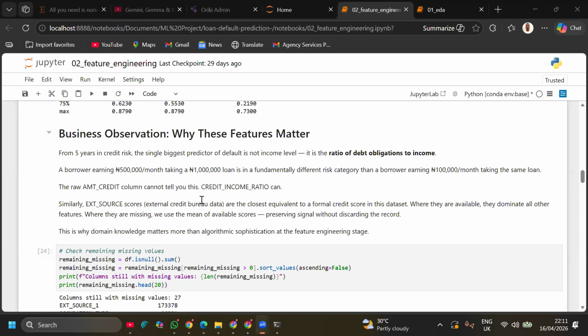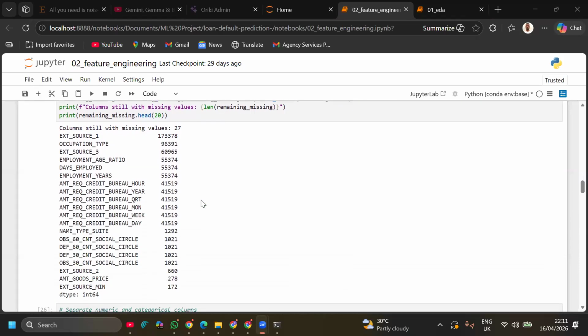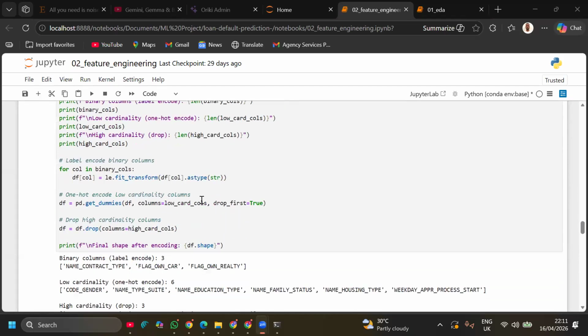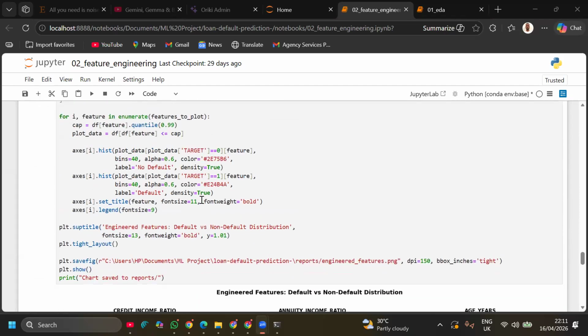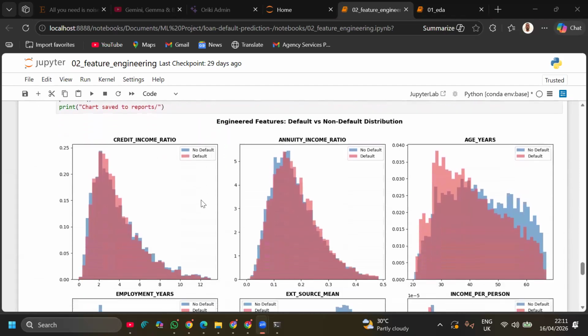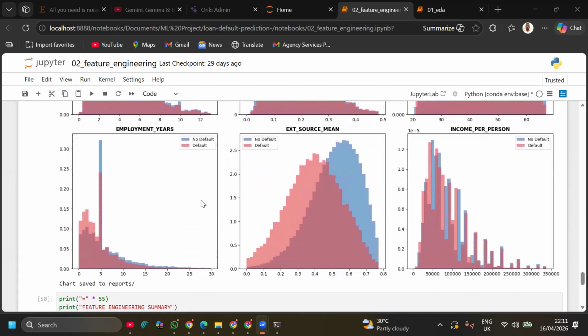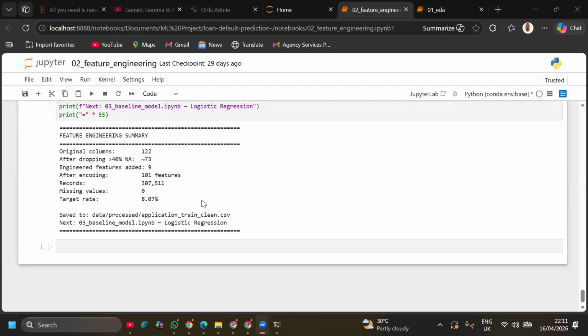So for example, if my debt is 1 million and my income is 10 million, that ratio is actually still fine because I can easily pay back my loan without having to stress myself. So basically, this is what this particular notebook is trying to explain to us.